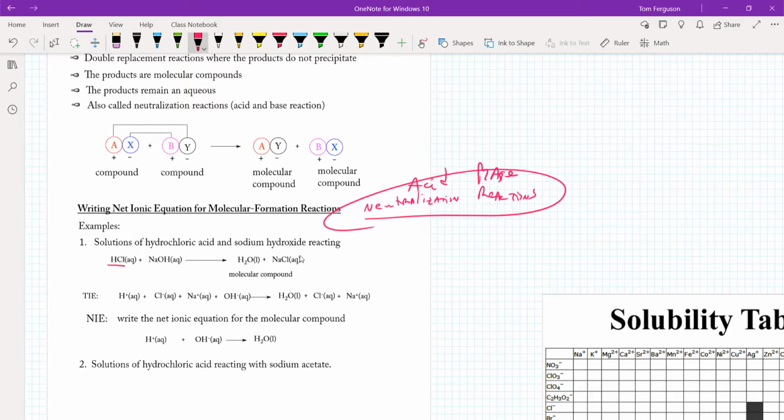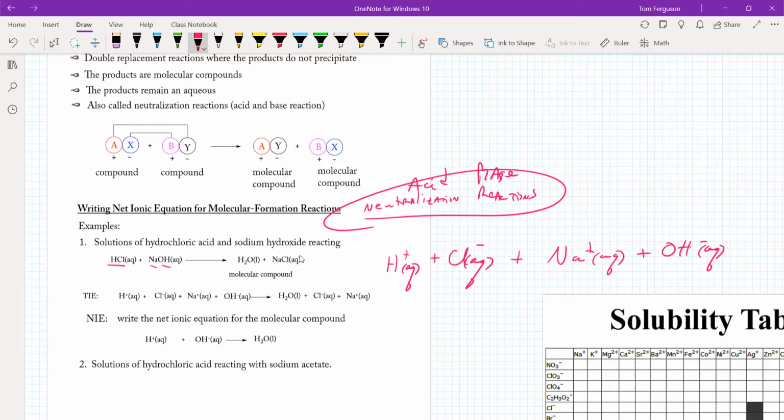Okay, so as an example here, we have HCl and we have sodium hydroxide. And this is going to be a double replacement.